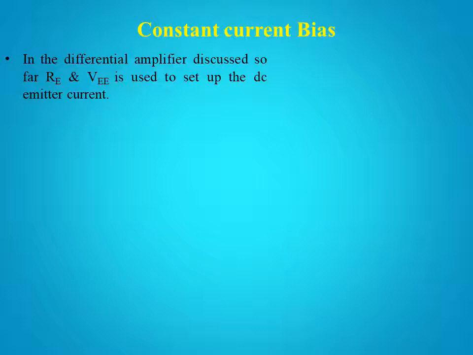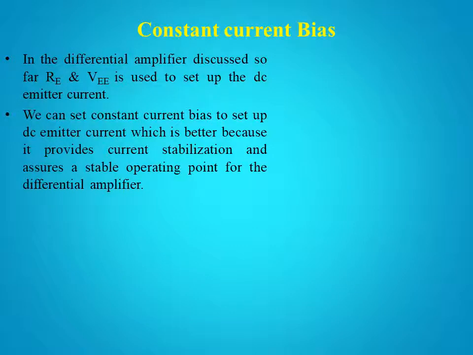Now we will study why we are studying constant current bias, and what is the difficulty that we face with emitter bias. We can set constant current bias to set up DC emitter current, which is better because it provides current stabilization and assures a stable operating point for the differential amplifier. Now what is the reason behind constant current bias?